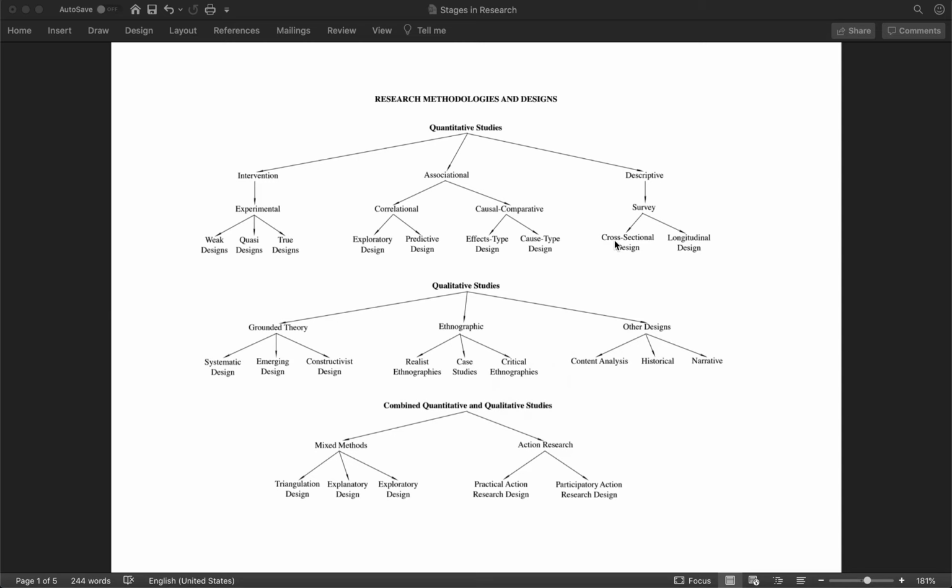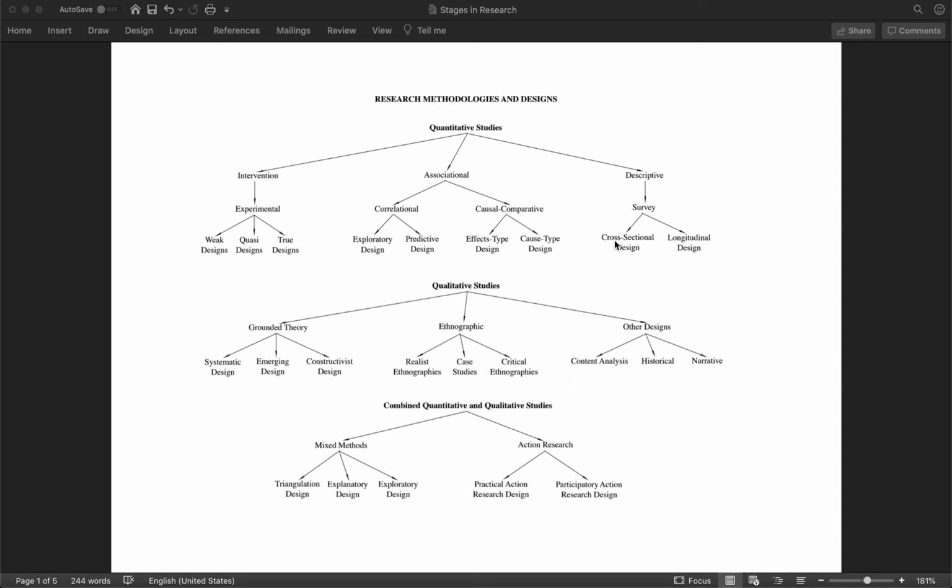So let me see if I can come up with an example of a descriptive survey quantitative design. You're trying to get some actual numbers. In terms of a quantitative design, you've always got to look at quantitative as value-based, numbers associated with the research. And so descriptive would be along the lines of looking at performance.